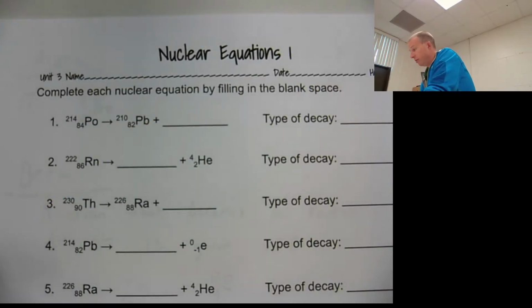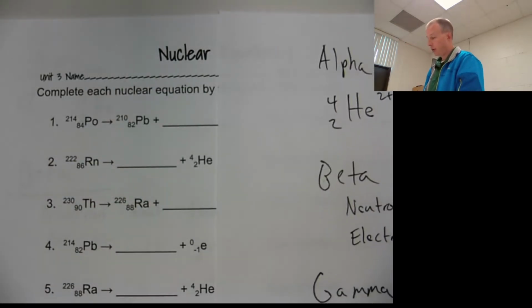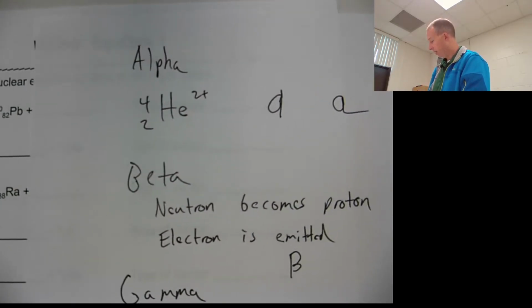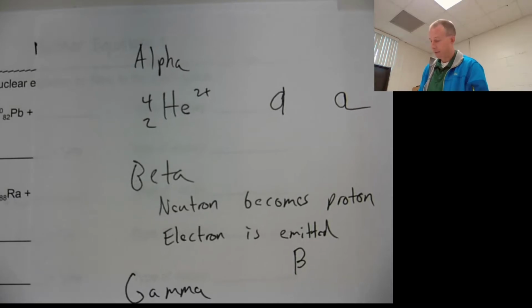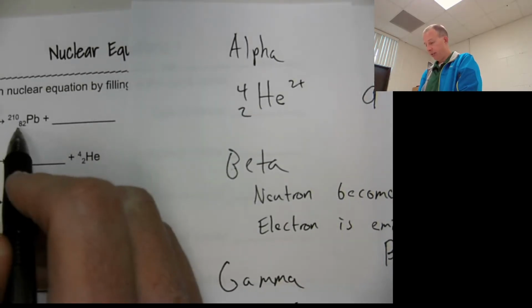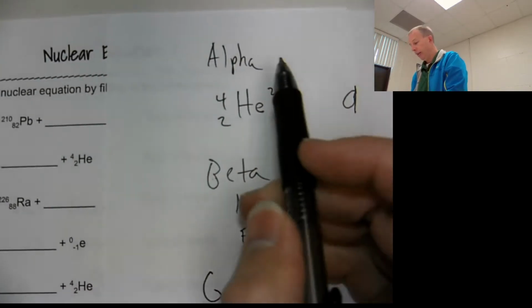It decreased by 2. The mass number decreased by 4. Out of all of our decay types, what would result in the atomic number decreasing by 2 and the mass number decreasing by 4? Well, that would be alpha decay.